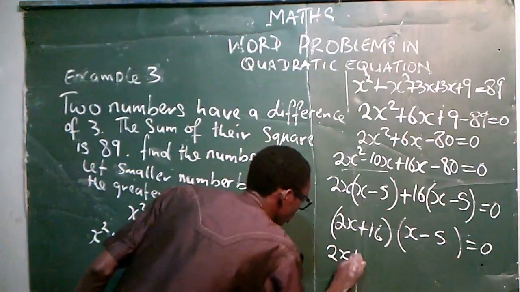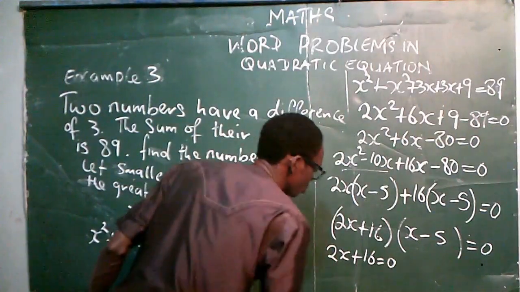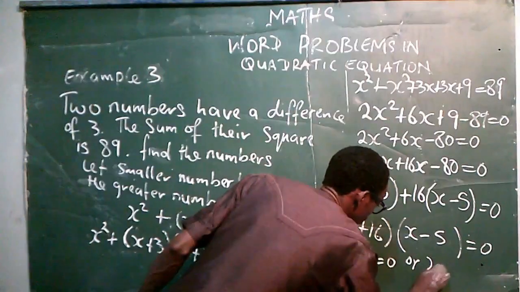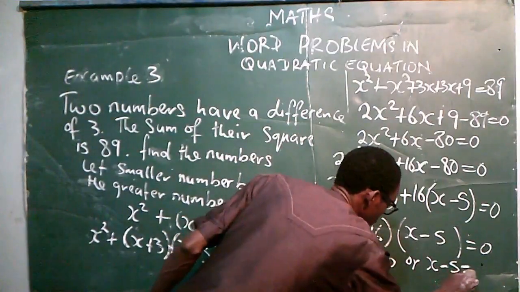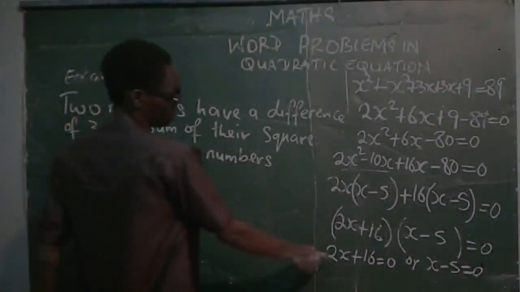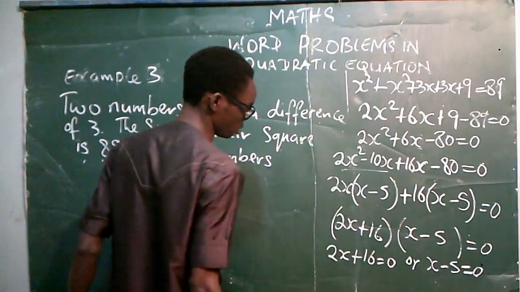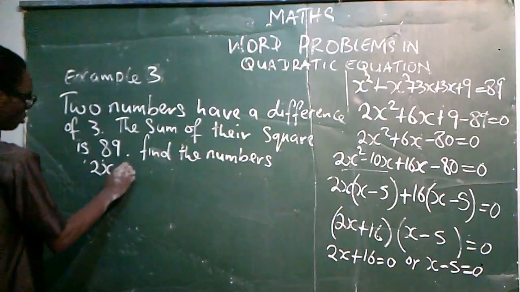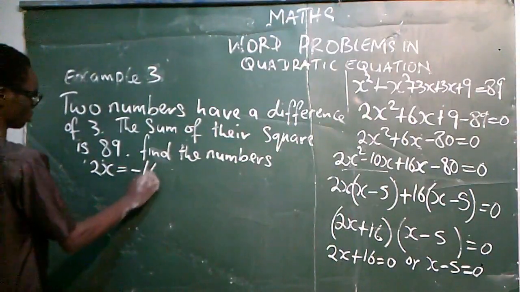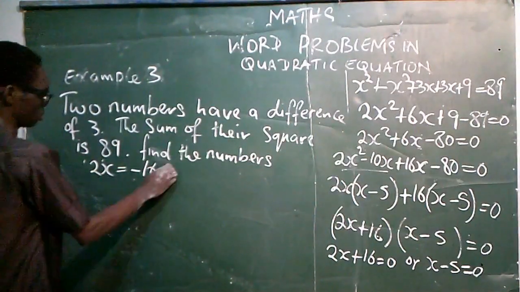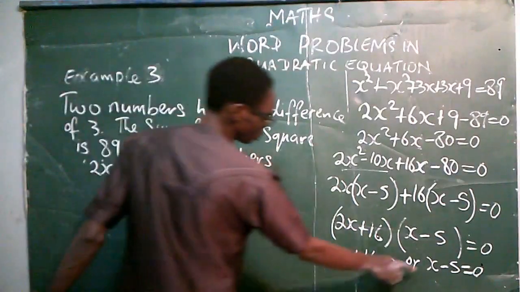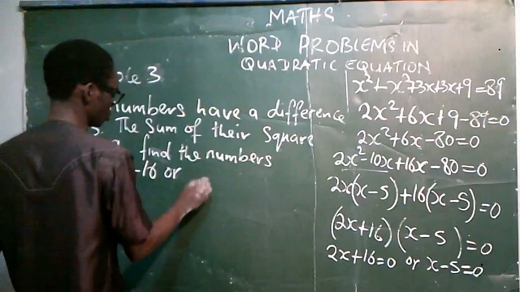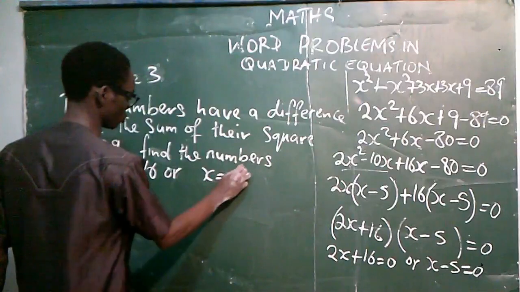If 2x plus 16 is equal to 0, it means that 2x equals minus 16. Or if x minus 5 is equal to 0, therefore x equals 5.